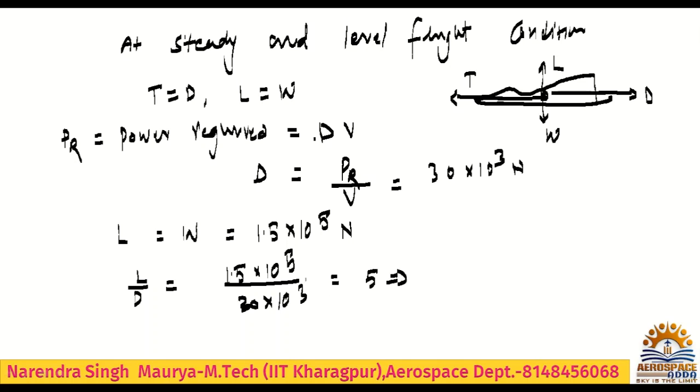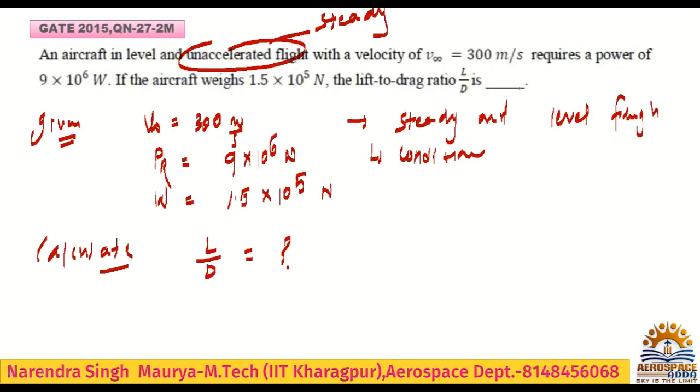They may ask L by D or CL by CD, both must be the same. It is nothing but 5. So what is the correct answer? It is fill in the blank, I think. Check. Yes. So that answer will be 5. There is no unit for the answer.